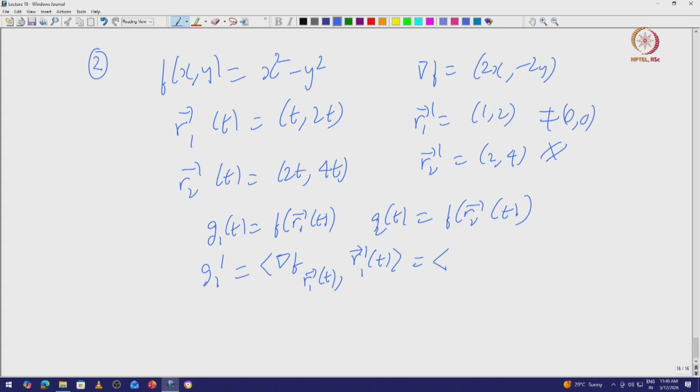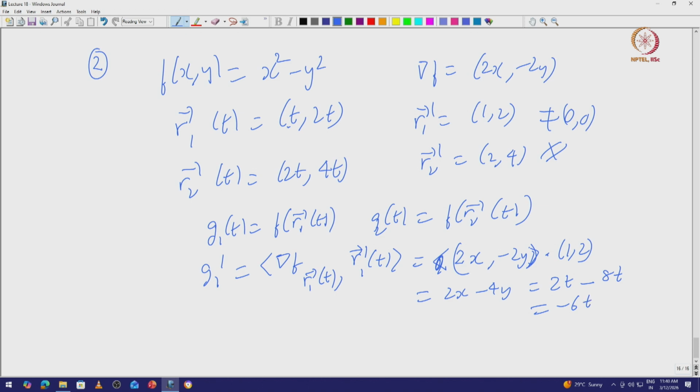It is 2x comma minus 2y. So this is the dot product, so it is 2x minus 4y, which is, what is x? X is t. What is y? Y is 2t, right? So it is minus 6t.